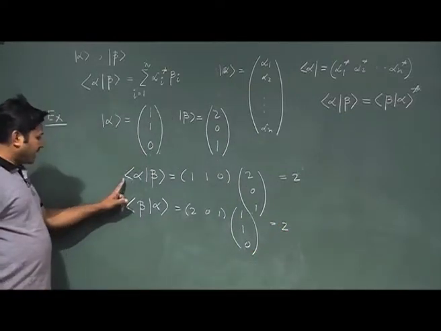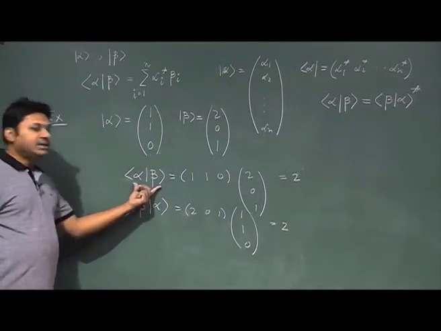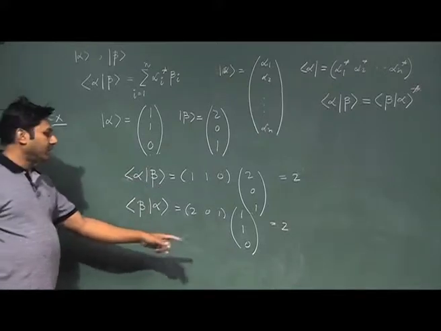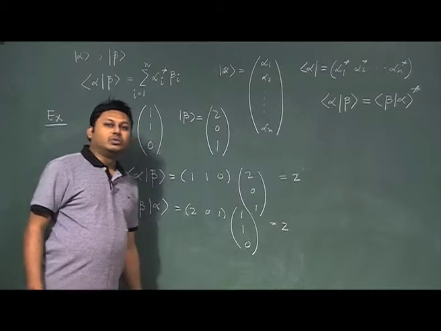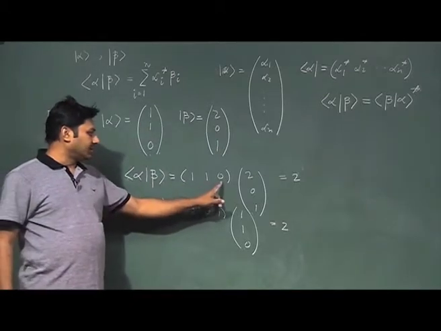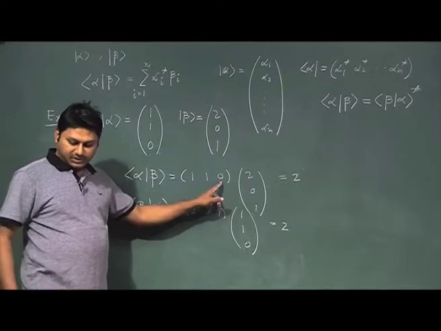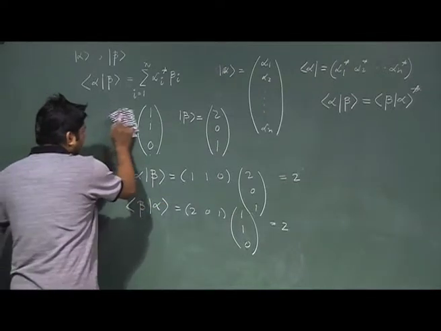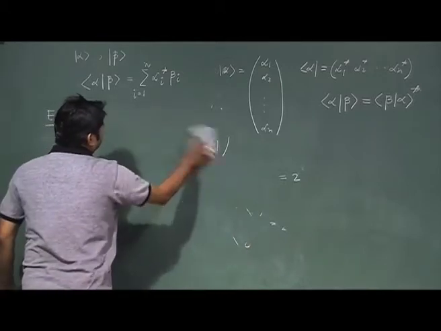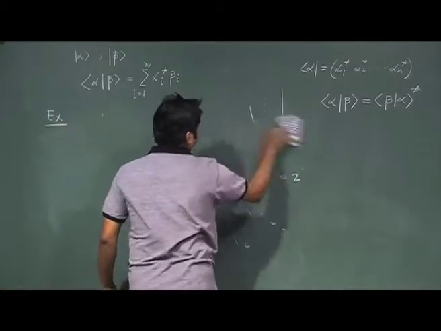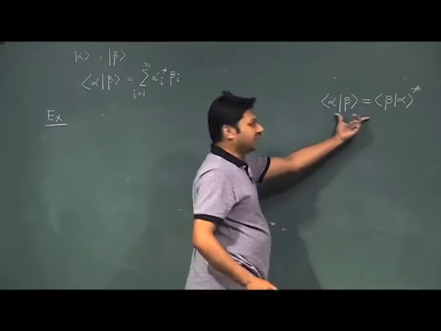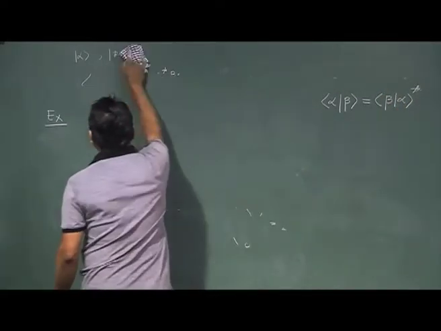You can note that the inner product <alpha|beta> and the inner product <beta|alpha> both are giving the same value 2, because these contain coefficients which are real in nature. Now, change this coefficient to complex and check whether this is following these things or not. This I need to check.